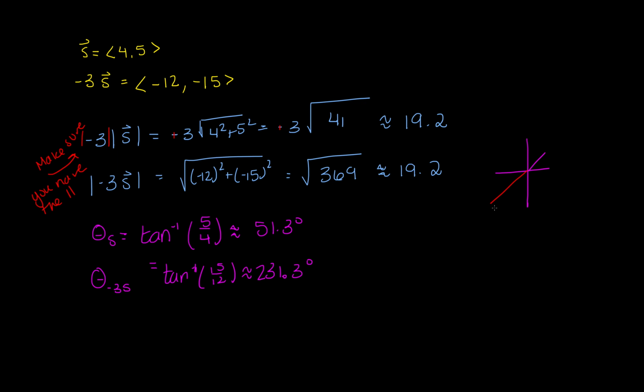Make sure you're taking the absolute value because we're talking about the magnitude, and the magnitude needs to be positive. The direction of the resulting vector is the same unless the sign of the scalar is negative. With that negative, we rotate it 180 degrees. In other words, 180 degrees plus 51.3, because we are negative here, gives us 231.3.